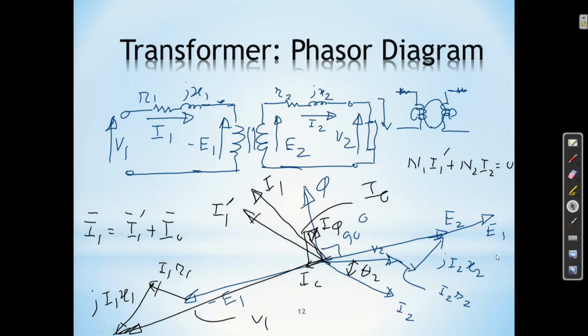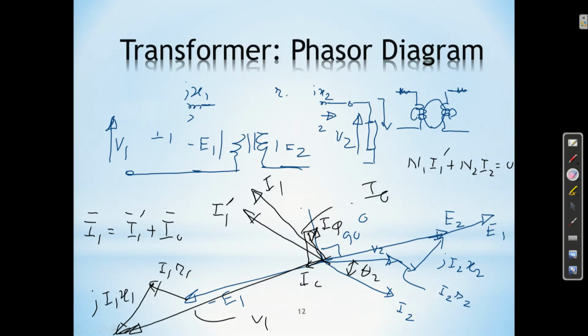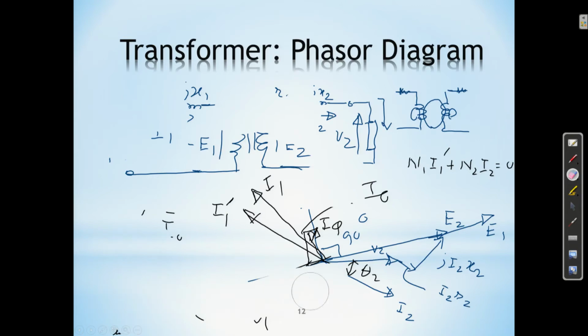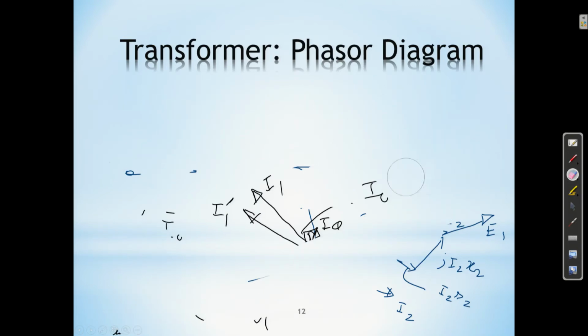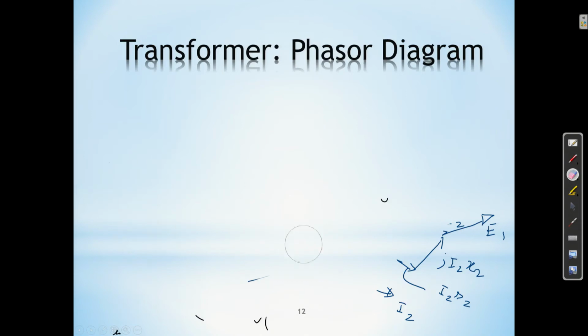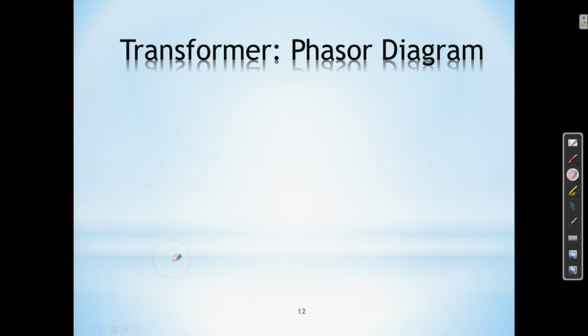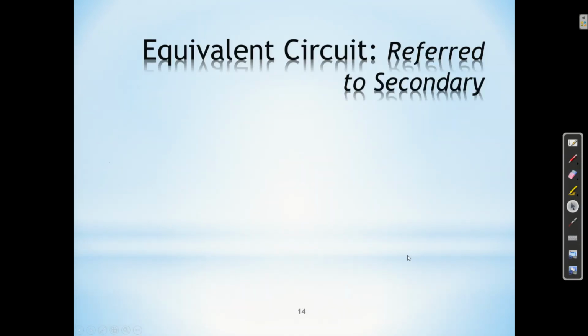Next is, before that, let me draw this out, and then let us go ahead. What will we be doing next? Okay, equivalent circuit referred to secondary. Now, we have the equivalent circuit.